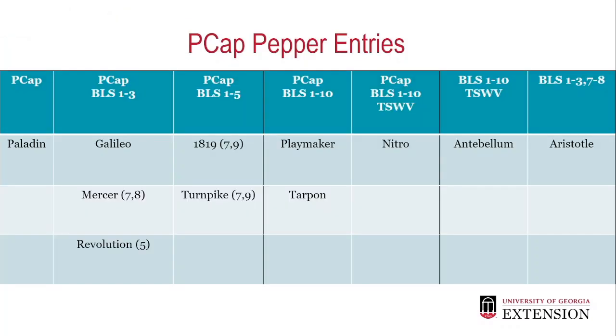So starting off, these are the entries for the Phytophthora variety trial. Like I said, most have been around for a while, which is Paladin, and I've kind of grouped them by just Phytophthora capsicii by itself. Different levels of bacteria. What we need in Georgia is complete bacteria race 1 through 10.